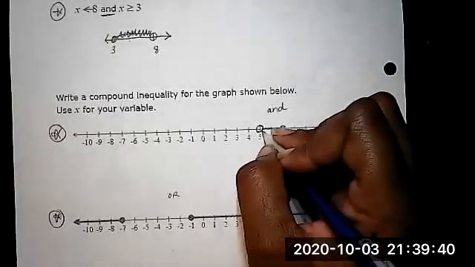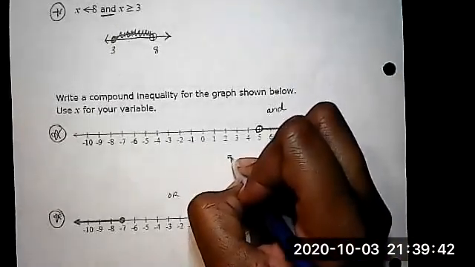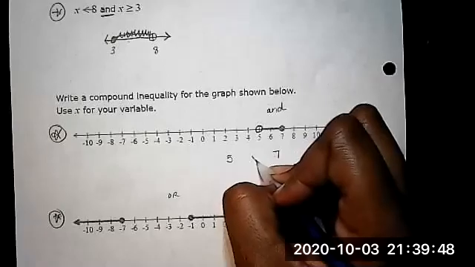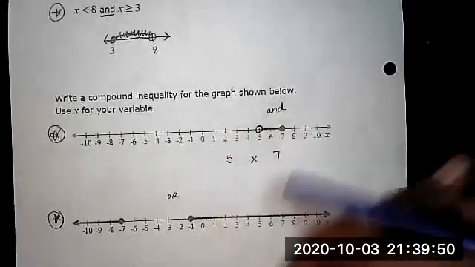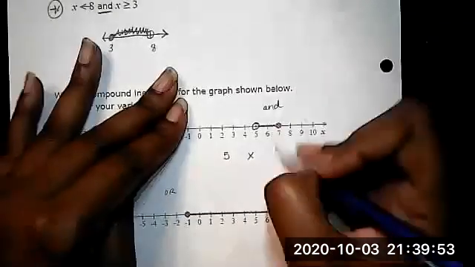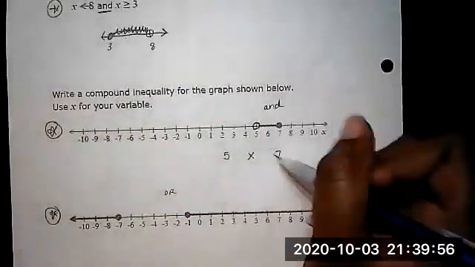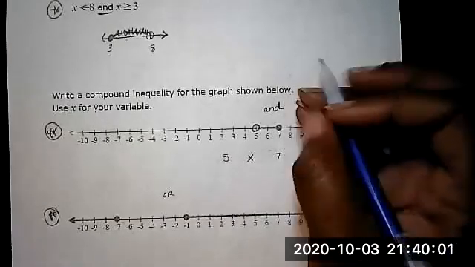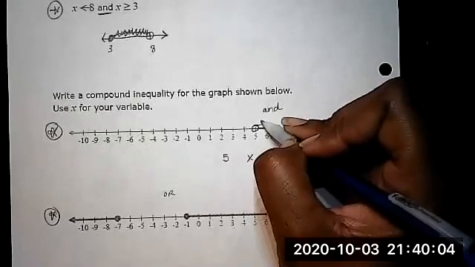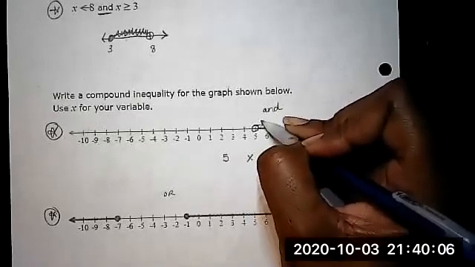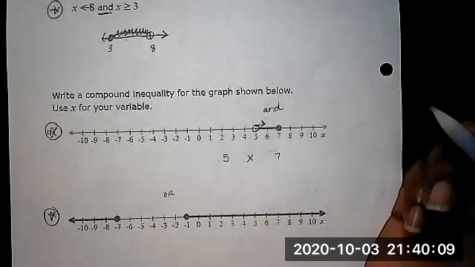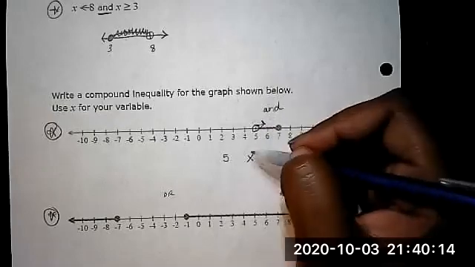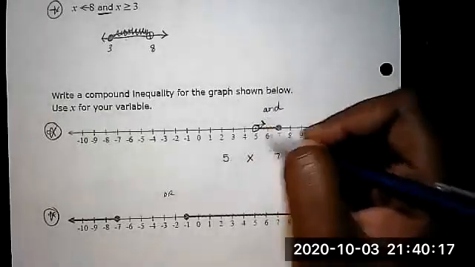So for this one, if I'm writing the "and," I'll put the 2 numbers on the outside and then I'll put the letter on the inside. For this particular one, understand that it's going this way. It really helps me to draw those arrows so that I know which way to put my inequality.